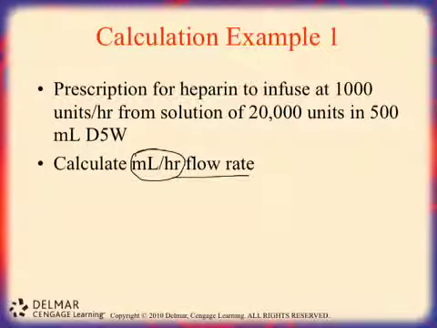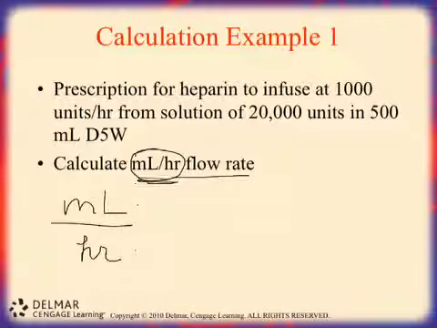So we know right then that we're going to start with our milliliters per hour. And really this is no different than what we've calculated in IVs in previous chapters. You do start with the two factors there because you have to end with milliliters per hour if that is what you are calculating here.